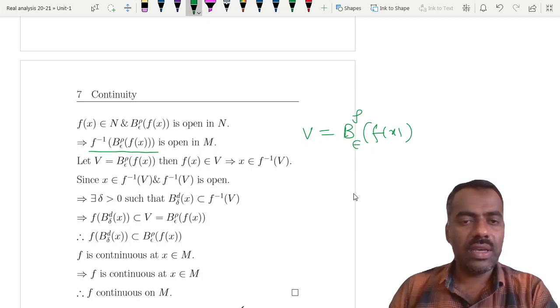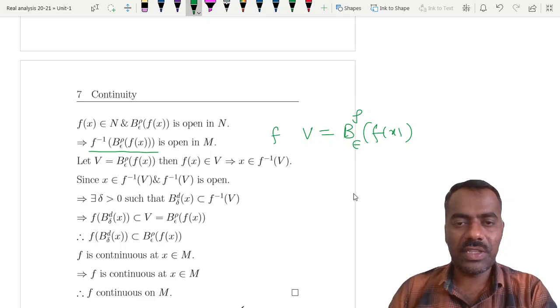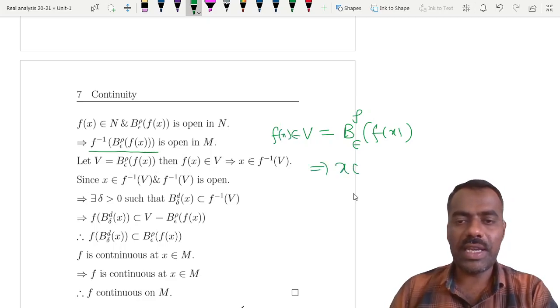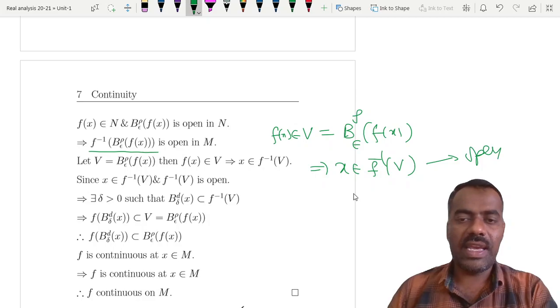Then obviously f of x belongs to that ball. That shows that x belongs to f inverse of V, right? Now we know f inverse of V is open and x is a point there.